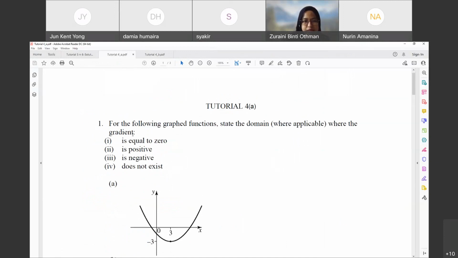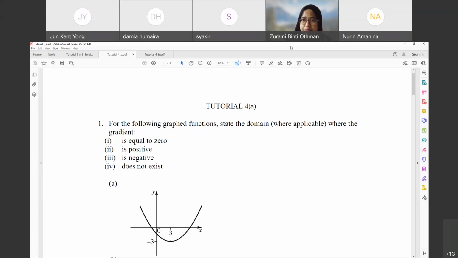This question asks about gradient, where the gradient is equal to 0, is positive, negative, and does not exist. So we have to mention where is the x when the gradient is equal to 0, when it is positive, and when it is negative and does not exist.